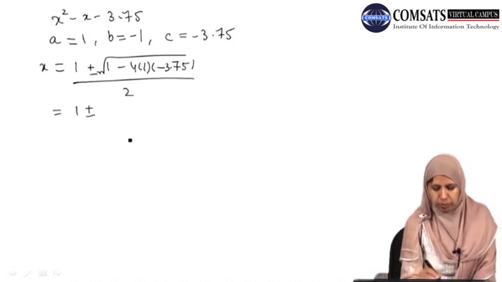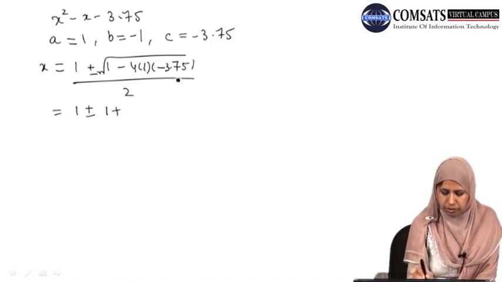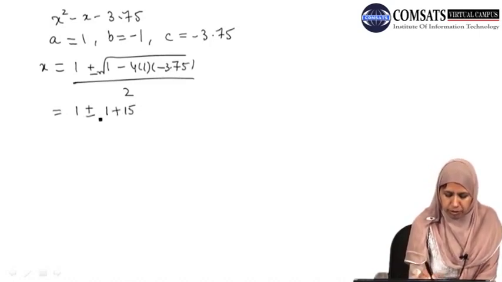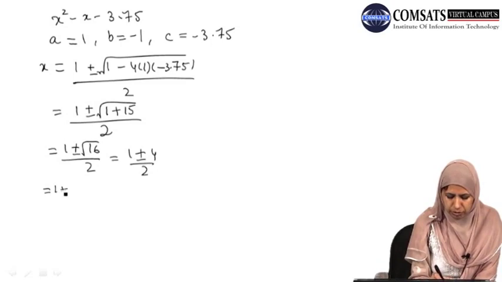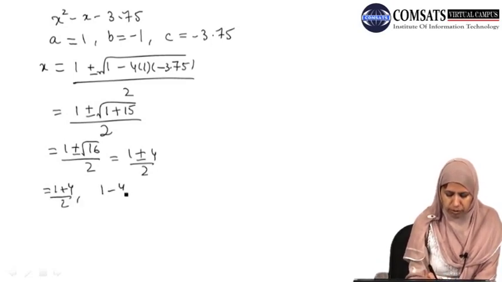Simplifying, 1 plus minus square root of 1 plus 15, which is square root of 16, divided by 2, which is 1 plus minus 4 by 2. We obtain one value as 1 plus 4 by 2, second value as 1 minus 4 by 2.